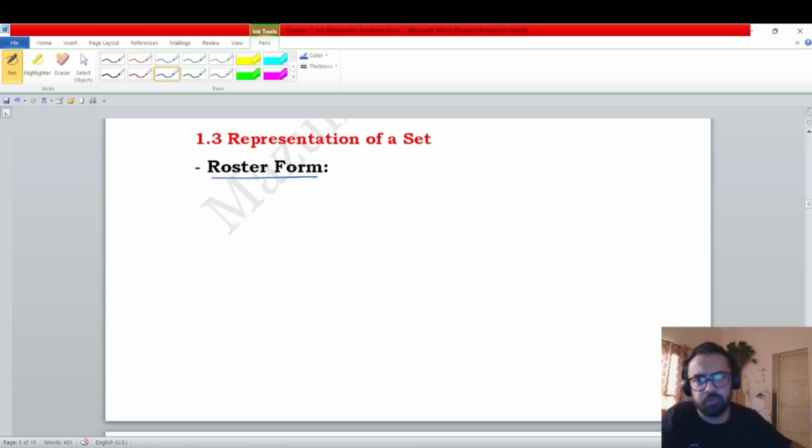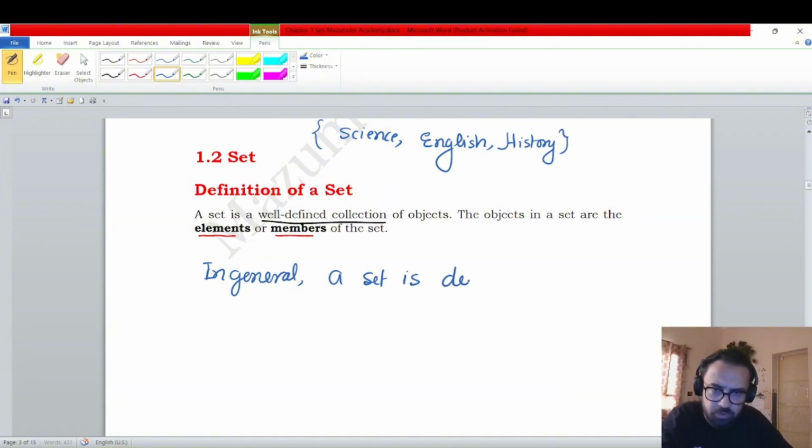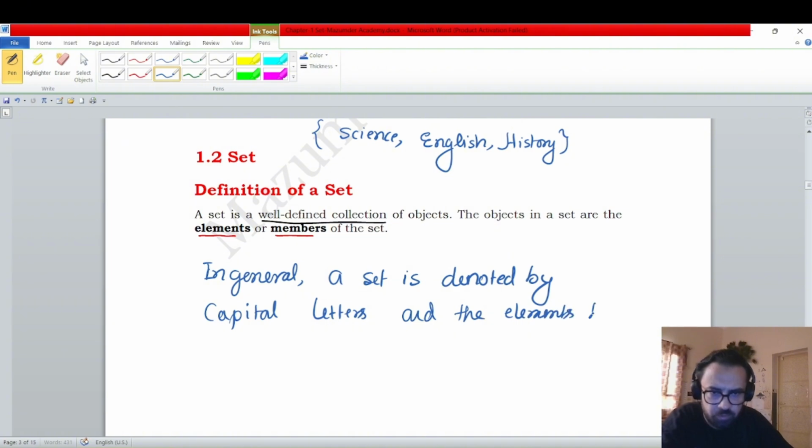One more point, remember here: a set is denoted in general by capital letters and the elements by small letters.